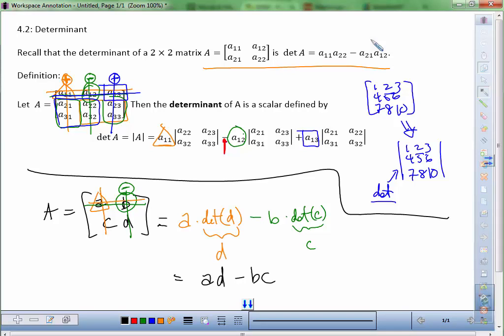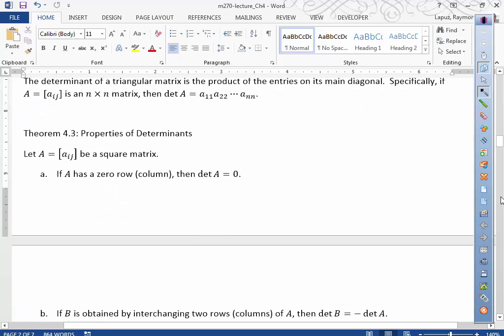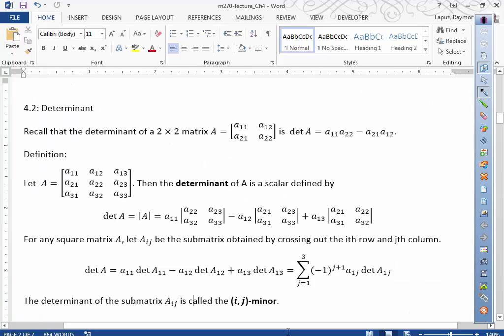So, this whole sign business, how the sign changes, is again dependent on where you are in the matrix. I don't have a picture of this, but I think the book has a picture of this.